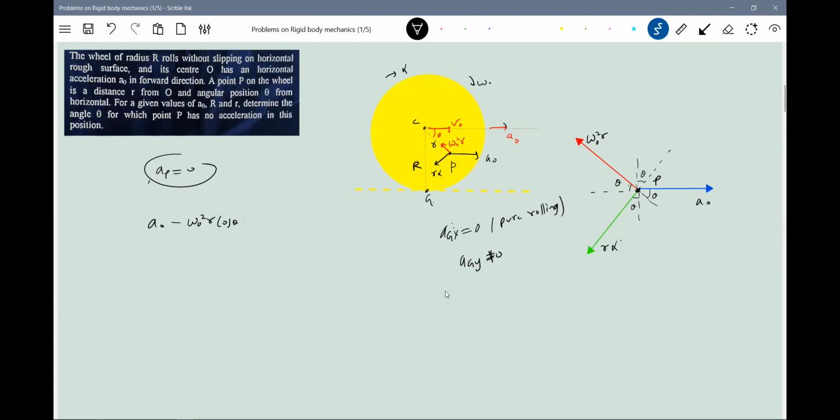Okay, then r alpha sin theta equals 0. Then along the y-axis, omega naught square r sin theta. Okay, solving for theta will get the required answer. The expression for theta is being asked.